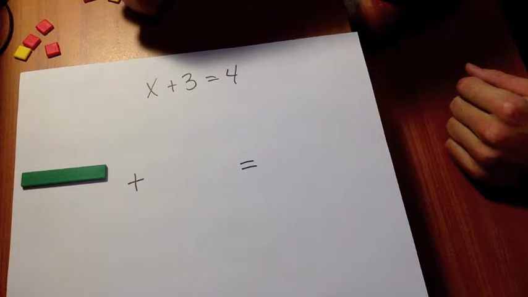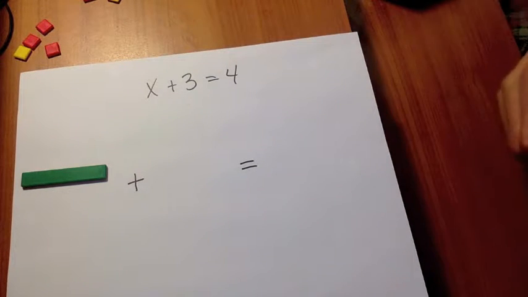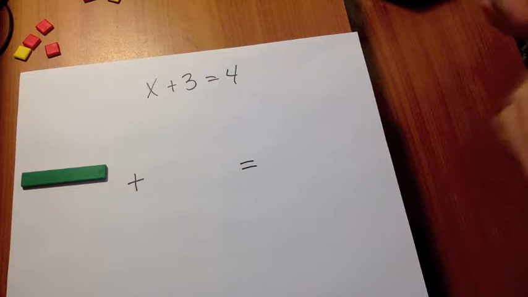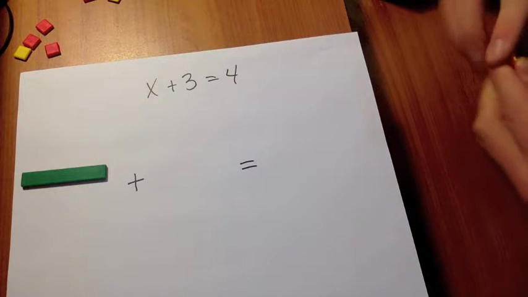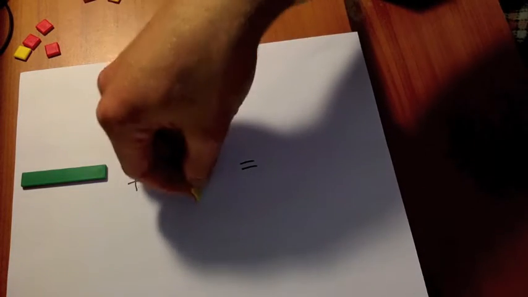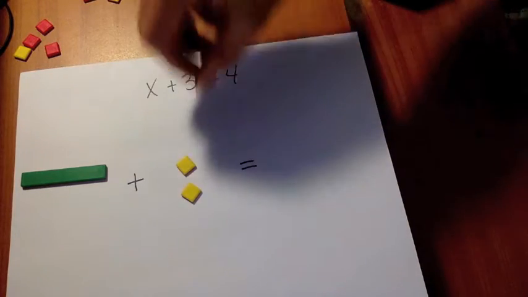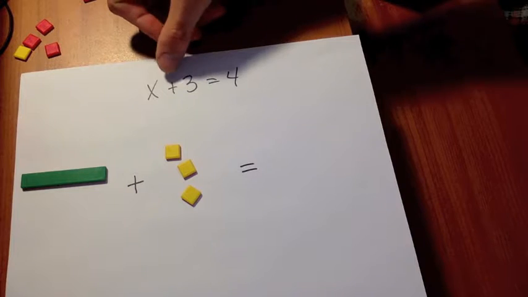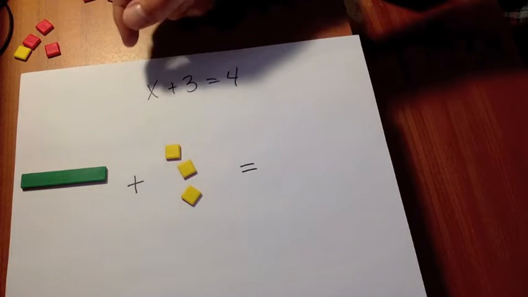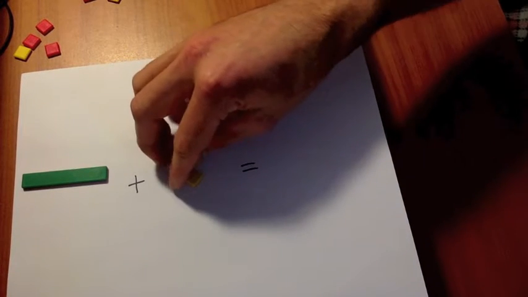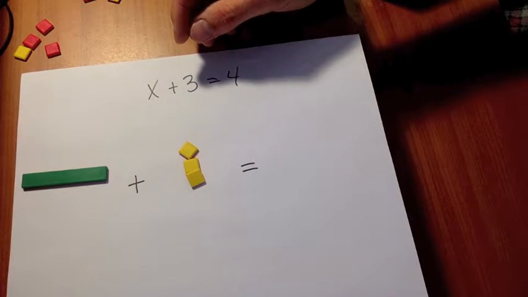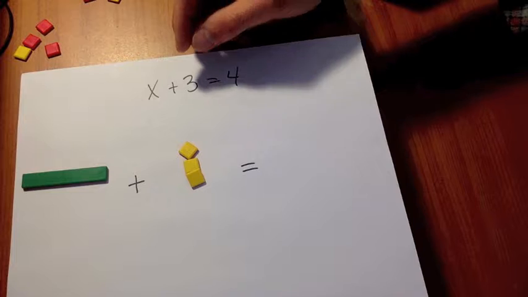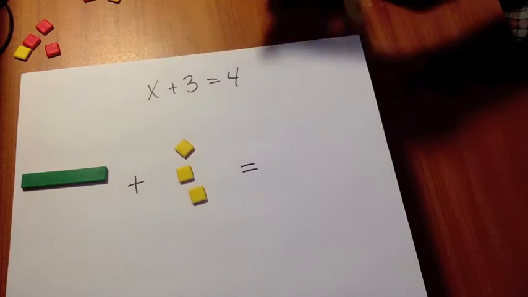Then we have a plus sign, so we're not going to represent functions with anything. The next thing we want to represent with tiles is 3. So we have 3 units. Again, is this going to be a positive 3 or a negative 3? We have the positive sign there, so we represent it as positive 3: 1, 2, 3.